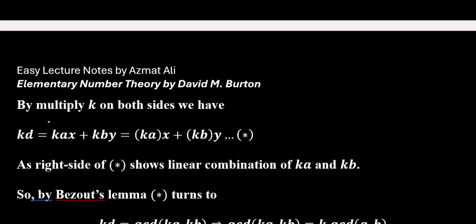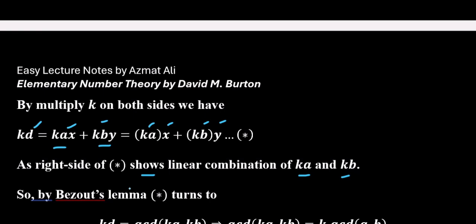We have kd equal to kax plus kby. These two terms can be written as ka times x, kb times y. As the right hand side of star shows, this is also a linear combination of ka and kb.